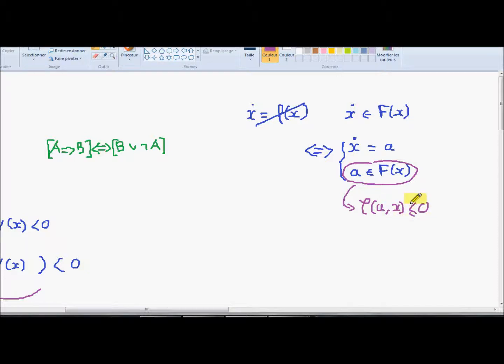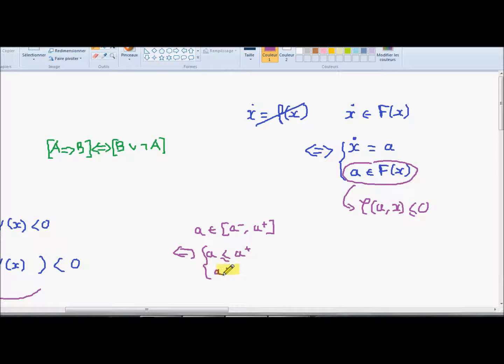If I have a belongs to the interval a minus, a plus, this can be transformed into a smaller than a plus and a greater than a minus.